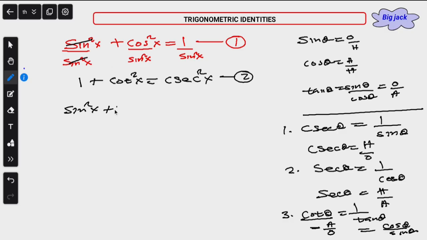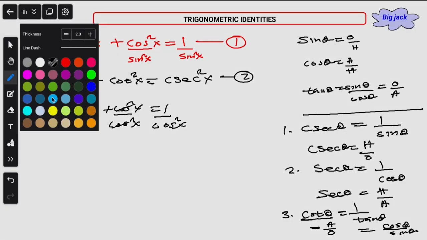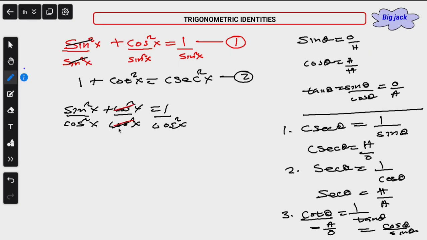Third identity, let's try to divide throughout by cos squared theta and then see what we are going to have. So here we are going to have 1. Okay, that is what we are going to have here, 1. But what about this one?